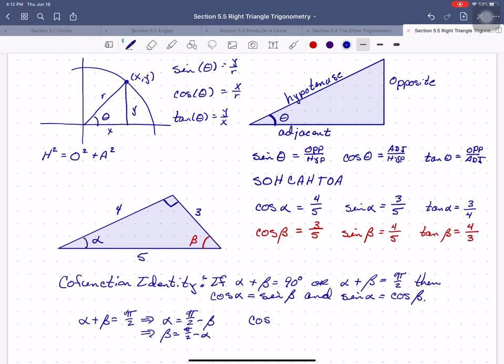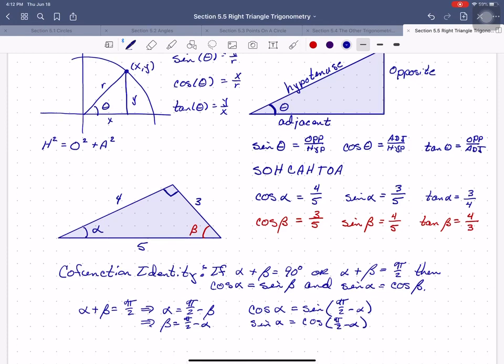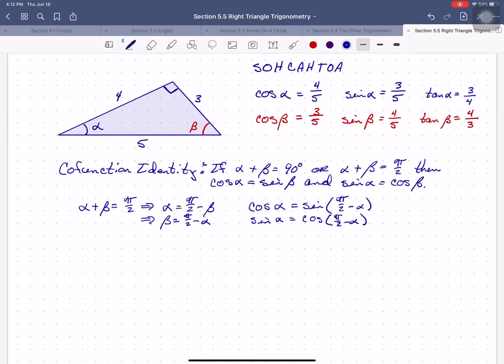So what I hope this leads you to is that the cosine of alpha is equal to the sine of pi over 2 minus alpha, and the sine of alpha is equal to the cosine of pi over 2 minus alpha. And this is true for any angle alpha. The cosine of the angle is always going to be equal to the sine of 90 degrees minus that angle, or pi over 2 minus that angle, because those are the same thing.